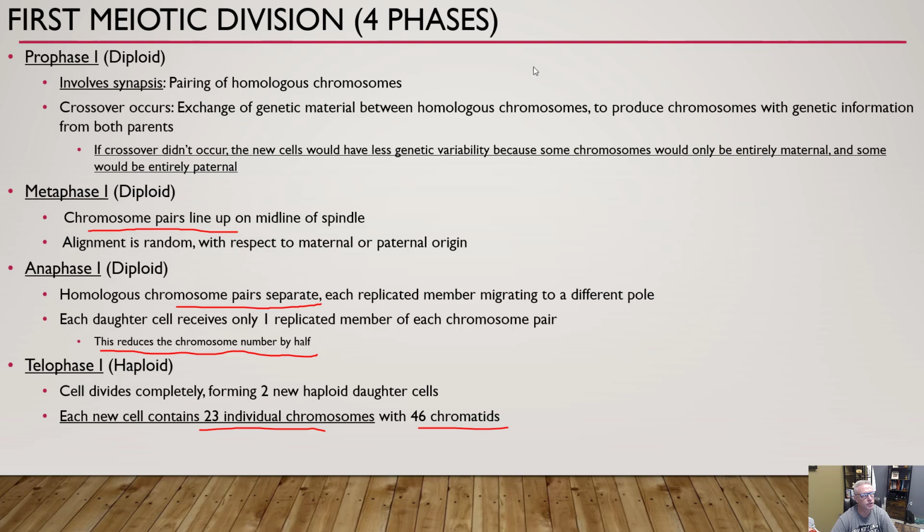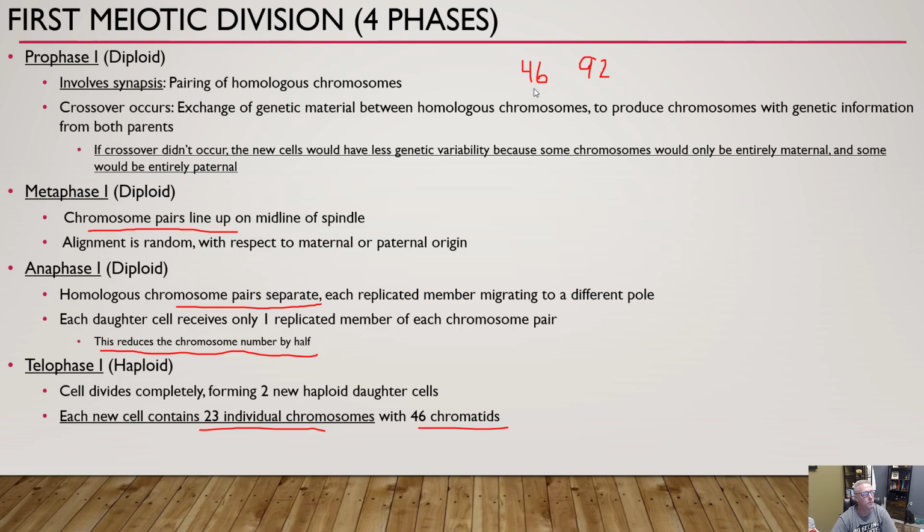So we actually have 46 chromosomes and 92 chromatids. So remember, if we have an X, that's one chromosome, and each strand of the X is a chromatid. So if we have one X, we have two chromatids. Does that make sense?